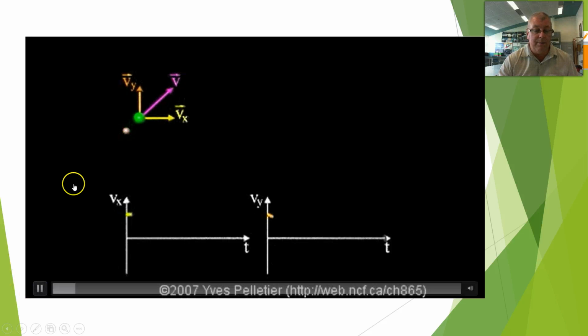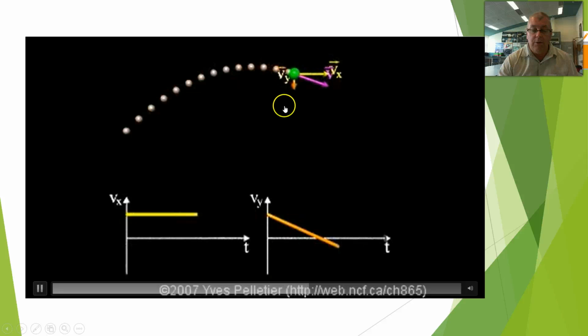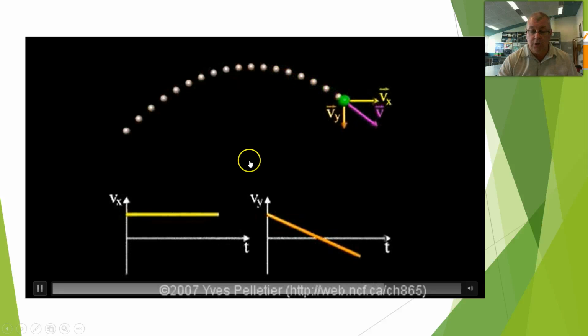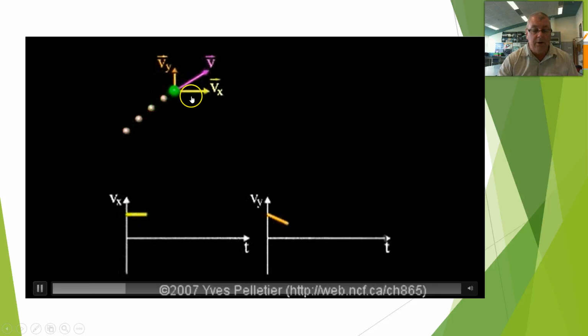Now if we do that again, but look at the orange, again exactly what we've been taught before, the vertical velocity changes direction. And if we do that again with the horizontal, nothing happens to the horizontal.